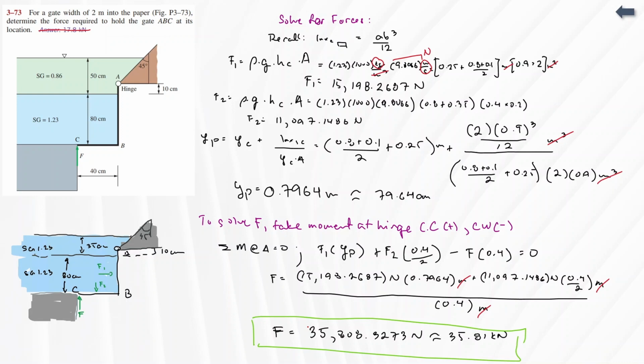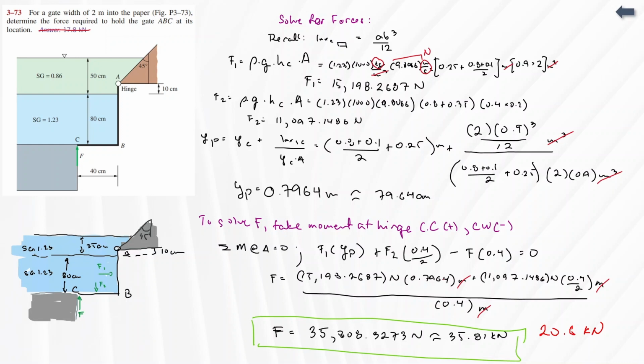Add that up with the product of 11,197.1486 and 0.4 divided by 2, divided by 0.4. Wait, still different though. So this should be around 20.6 kilonewtons. A lot more confident with that answer rather than 17 point.